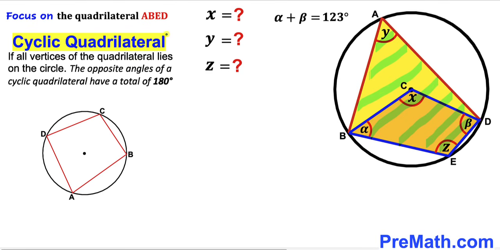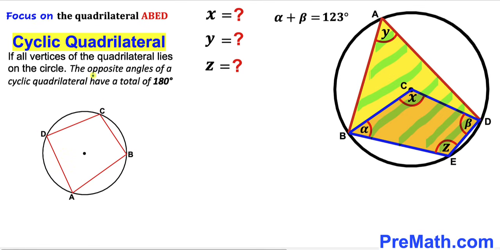Now let's recall the definition of a cyclic quadrilateral. A quadrilateral is called cyclic if all the vertices of the quadrilateral lie on the very same circle, as you can see in this given diagram. This quadrilateral is indeed cyclic, since all these vertices lie on the very same circle.